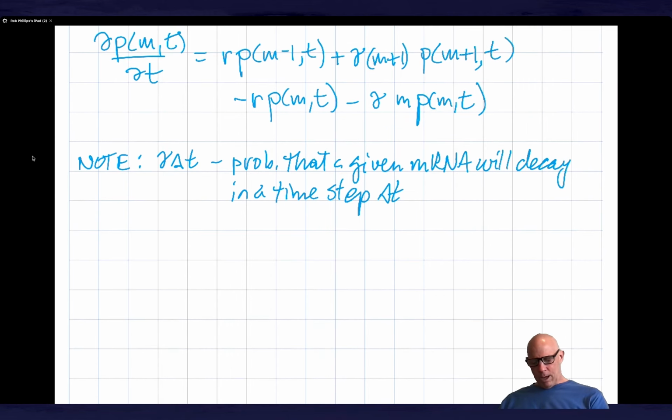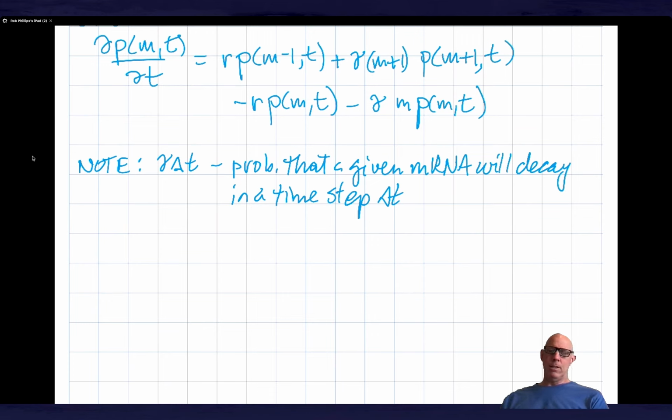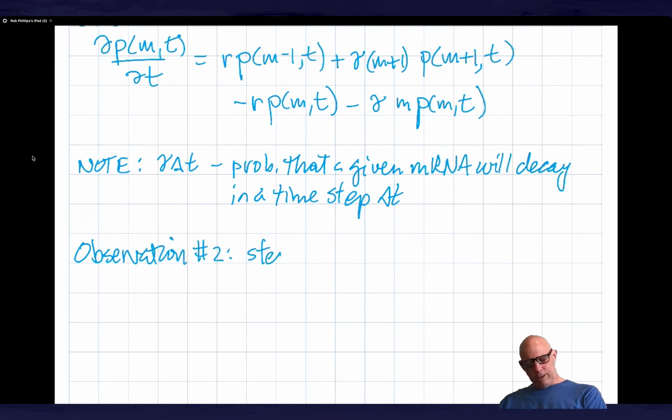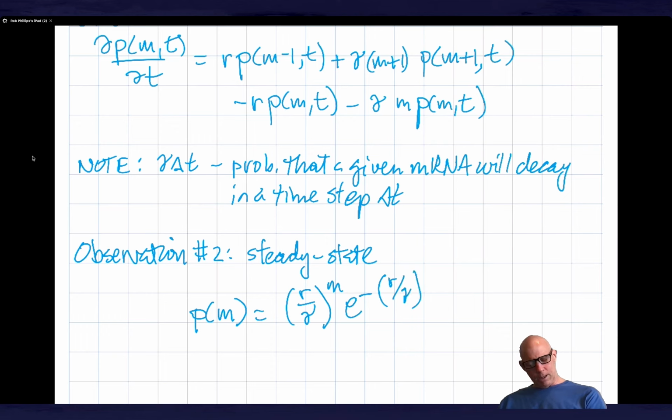The other thing I want to say, observation number 2, is that in steady state, P of M is equal to R over gamma to the M power, e to the minus R over gamma, over M factorial.